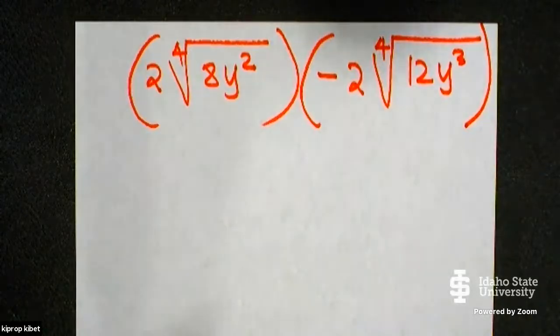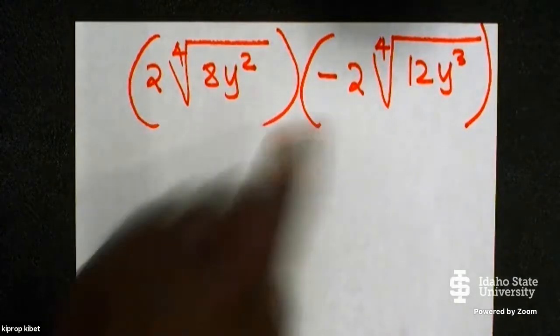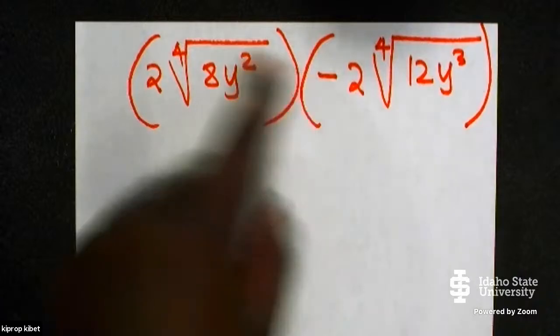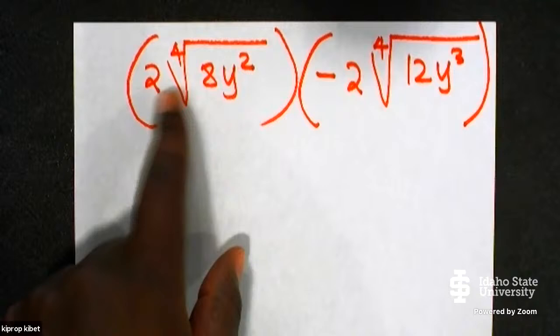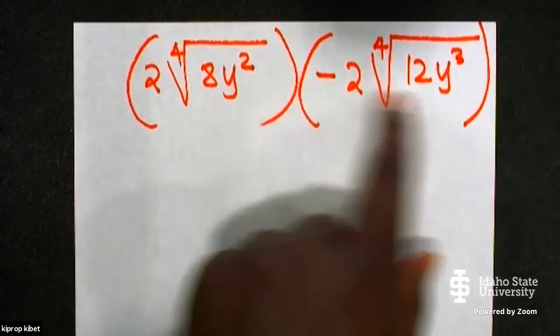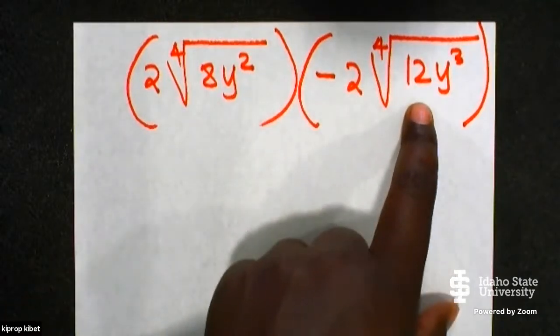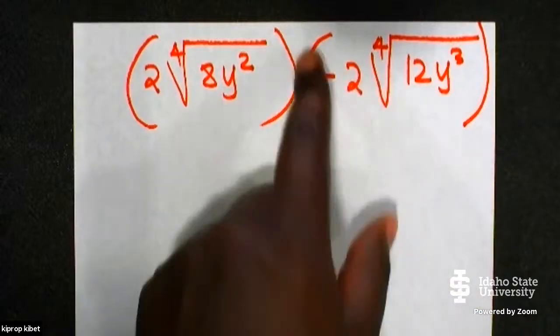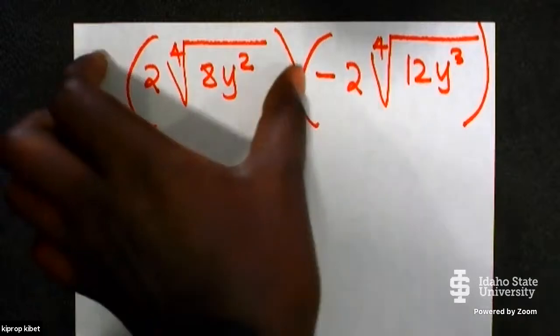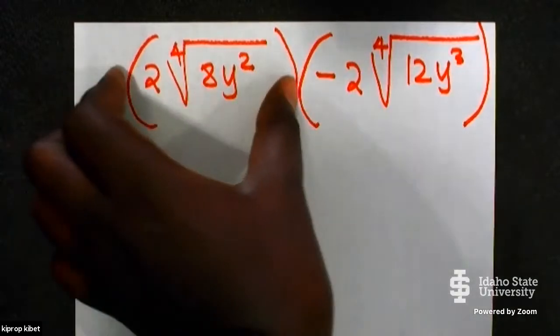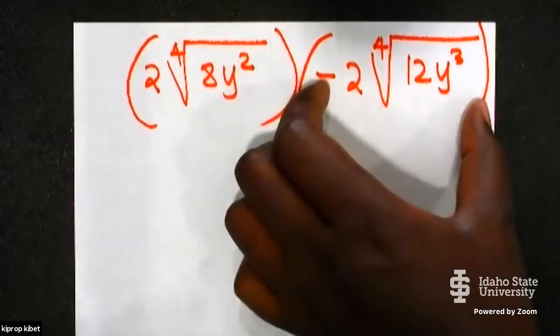So I know if I give you something like this in the exam, some of you will just say this one is minus. I know most of you will say this one minus this, which is wrong. This is what? Multiplication. When you see the brackets here, so this times this one. Okay?